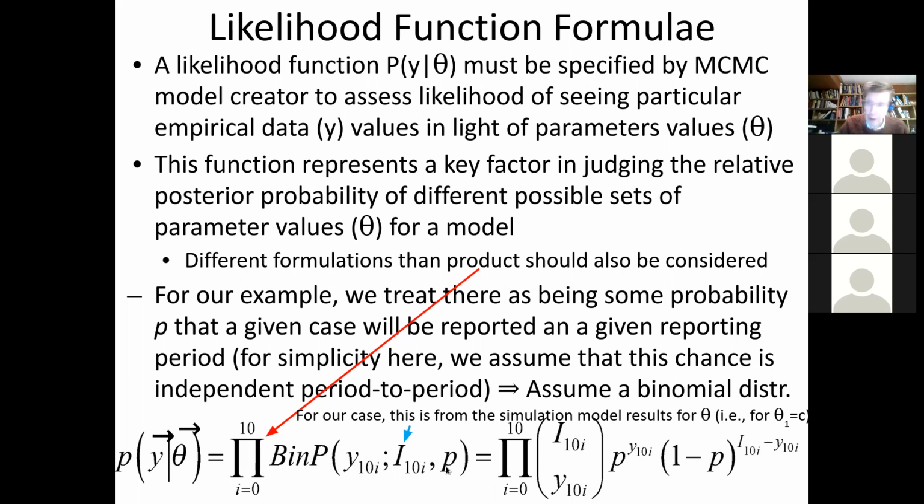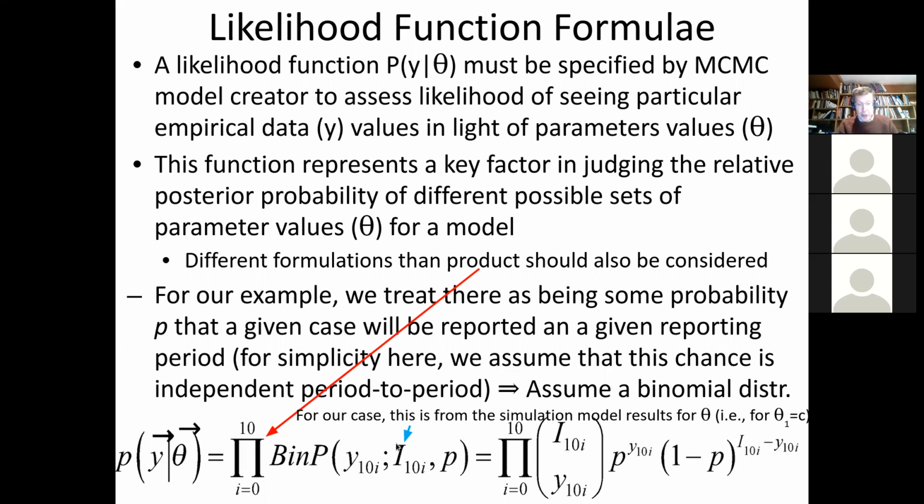So if I flip a coin 100 times, and each of those times I have a 50% probability of getting a head, I could ask, well, what's the probability of getting 100 heads? It's vanishingly small. What's the probability of getting 99 heads? Well, it's a bit higher. At least I have a chance of missing one of the heads. What's the probability of getting 50 heads? Well, that's the single most likely value with a fair coin.